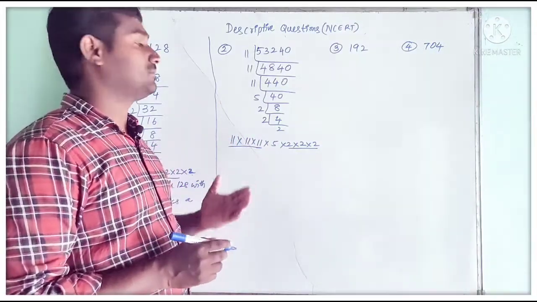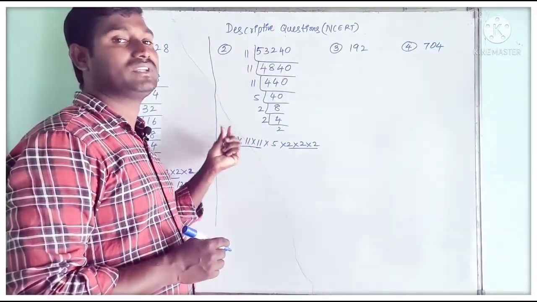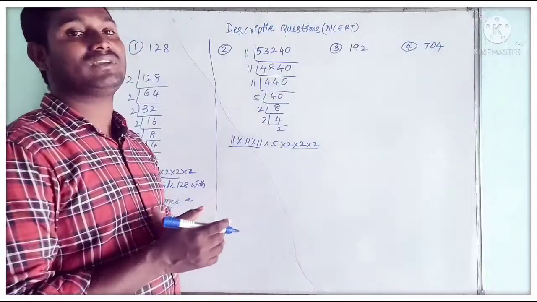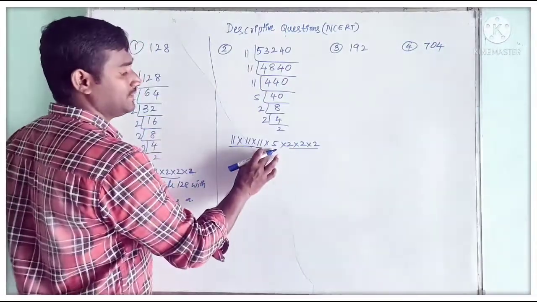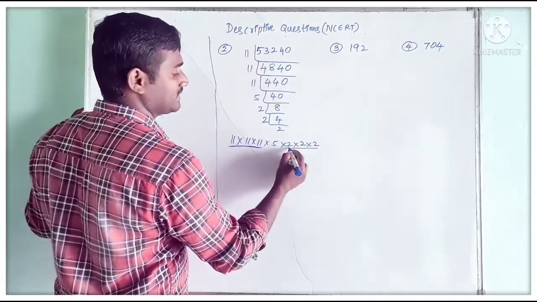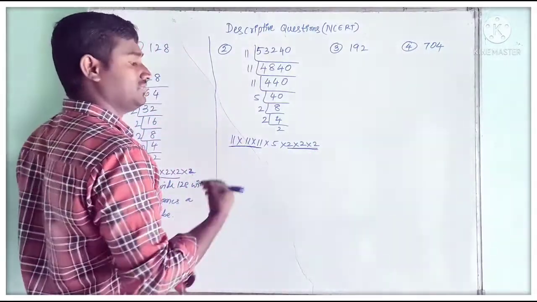If the prime factorization of a number is in groups of every 3 similar factors, then we can call that number a perfect cube. So here, if we eliminate 5, the remaining prime factorization is in the form of groups of 3 similar factors.